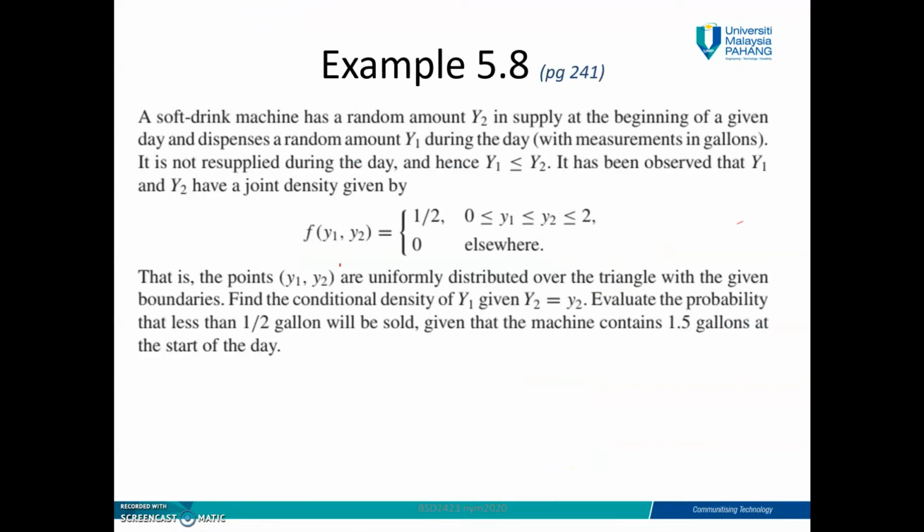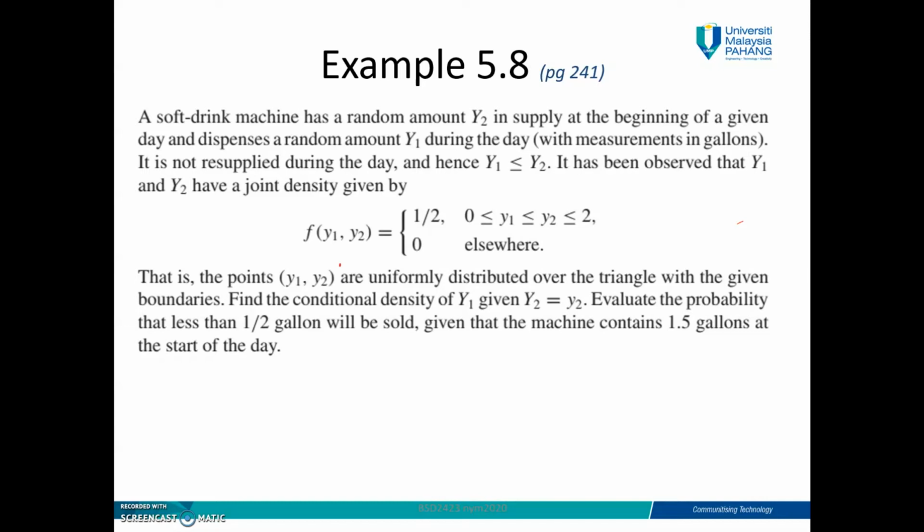Now look at example 5.8, page 241. A soft drink machine has a random amount y2 in supply at the beginning of a given day and dispenses a random amount y1 during the day, with measurements in gallons.